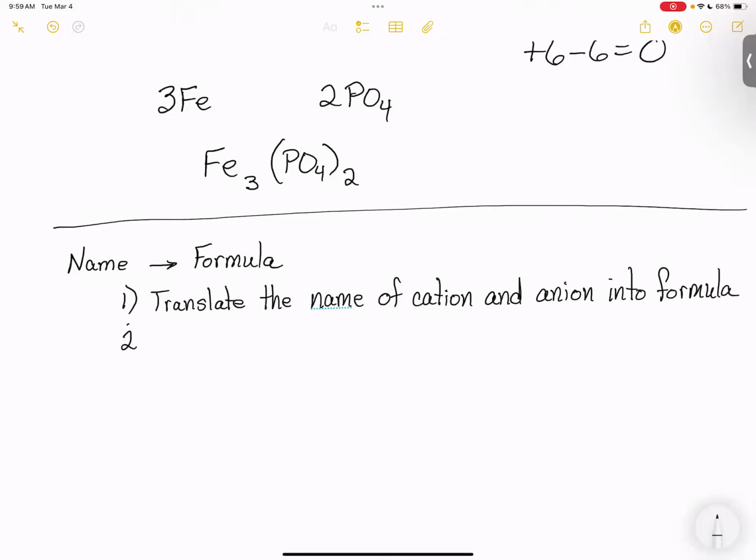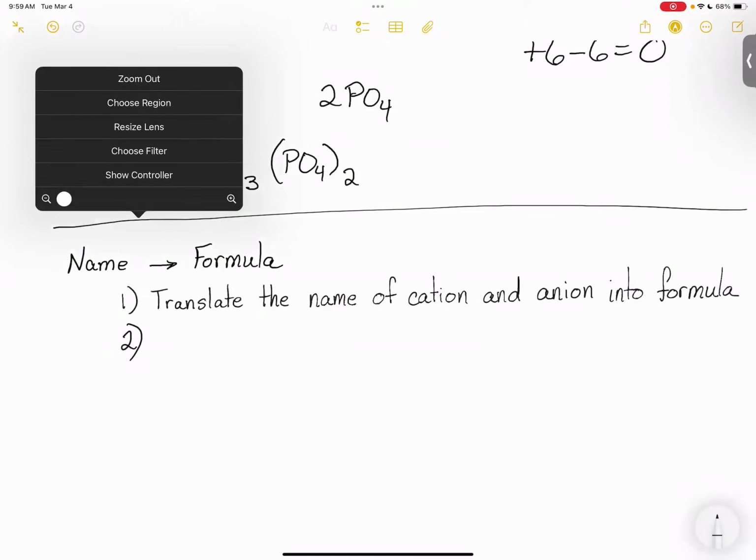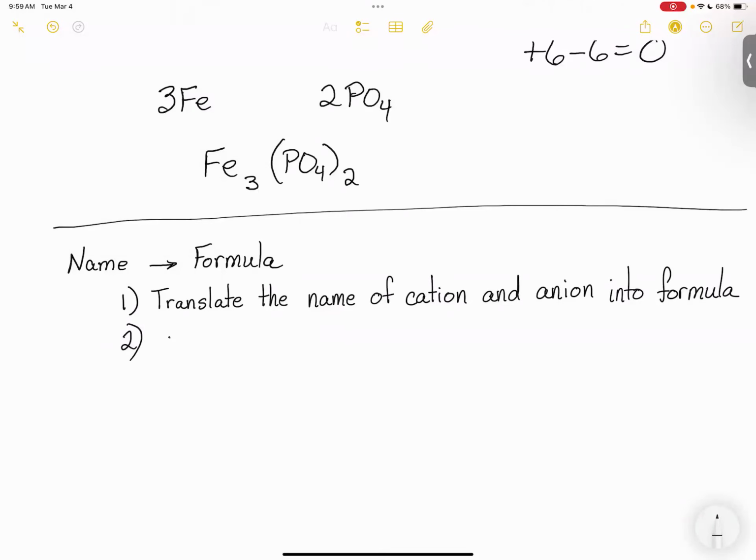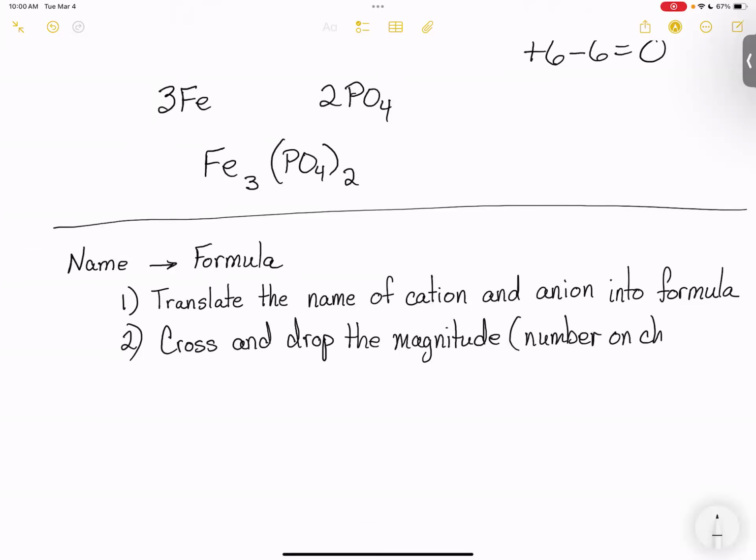The second thing you're going to do, and this is the quick way of doing this, is you are going to cross and drop the magnitude, which basically is the number on the charge, onto the opposing ion.